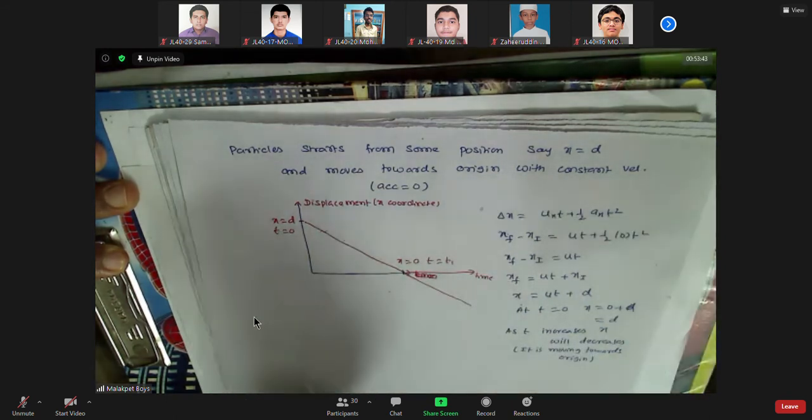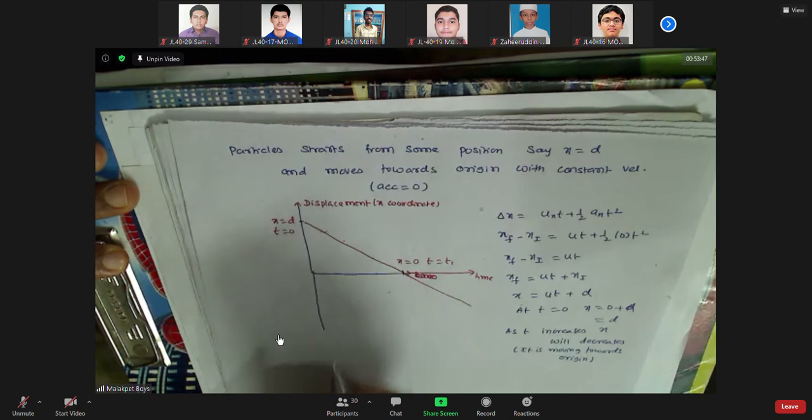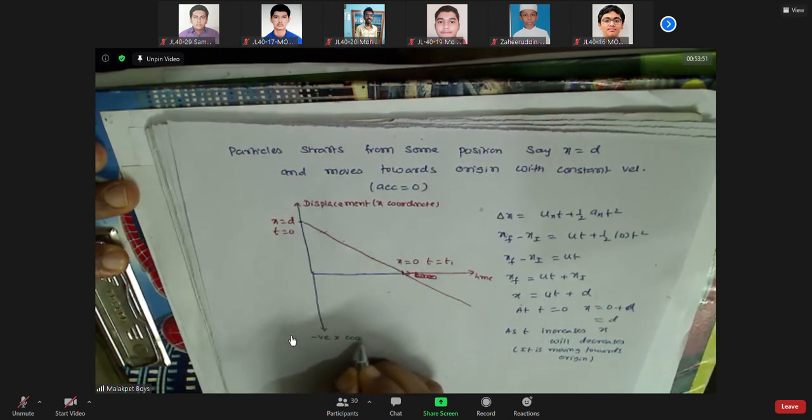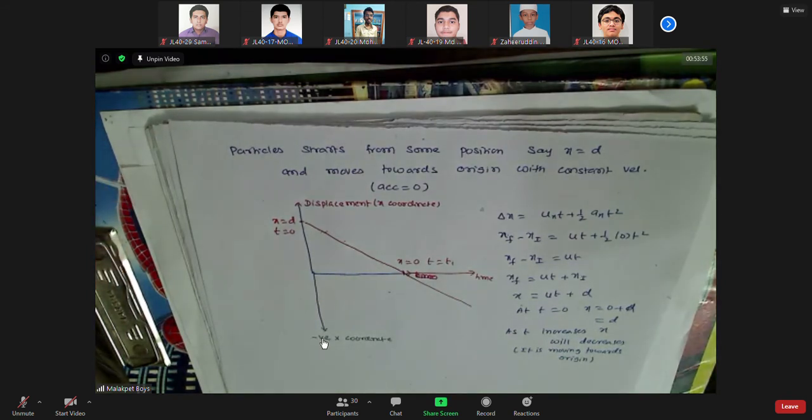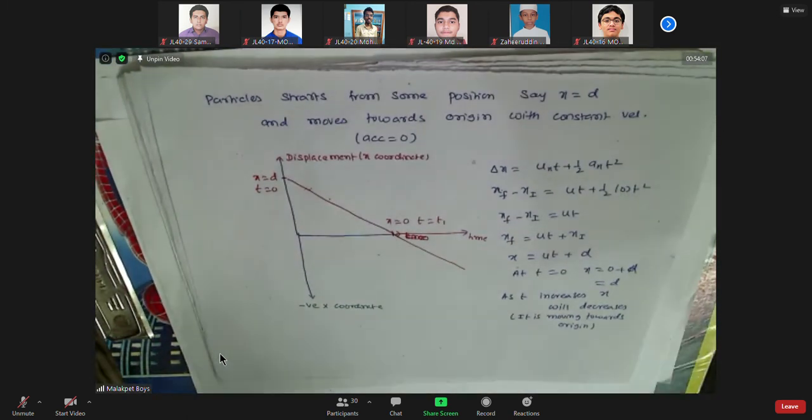Understood this? Now you can see this is the negative x. Understood this?